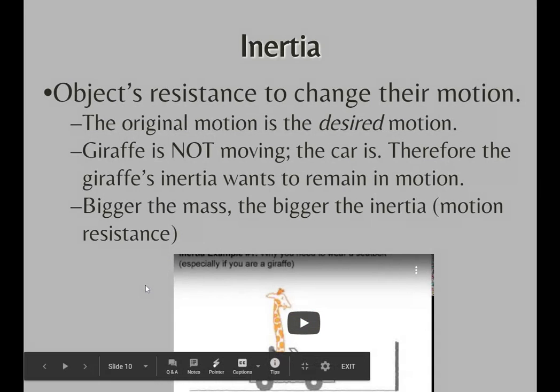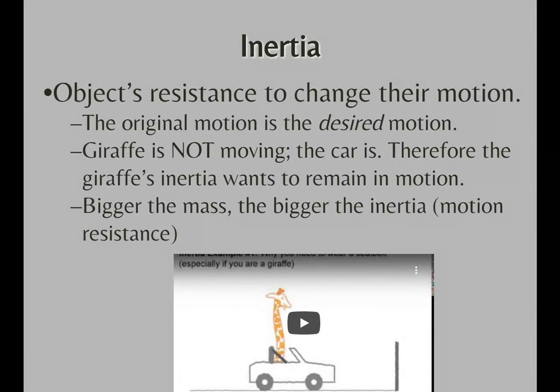Also, you will have questions after this, but it will talk about ordering your objects from biggest inertia to smallest inertia. And in order for you to understand if an object has a big amount of inertia, you have to look at the mass.